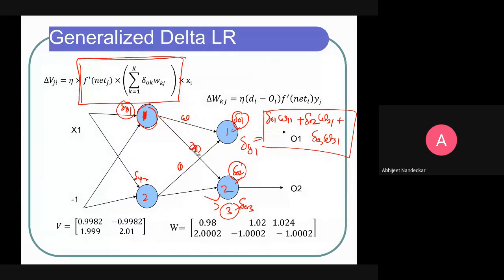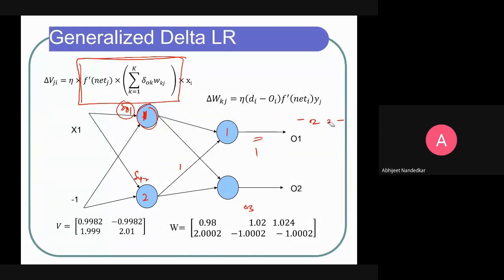Now let us do it for the second also. Suppose I want to calculate this one, then these are already calculated. I have to find out this weight: W12, and this weight is W22.